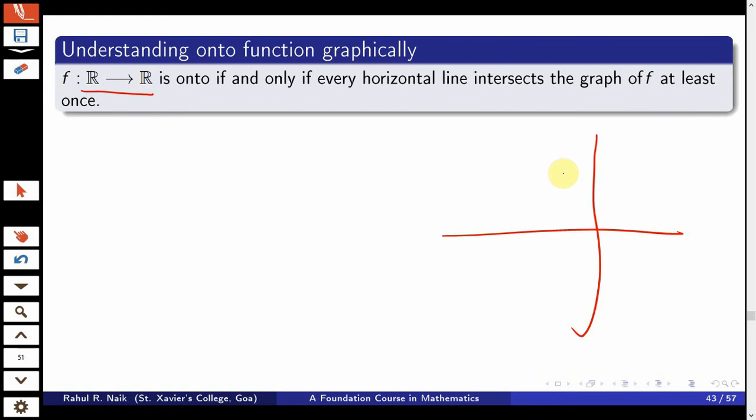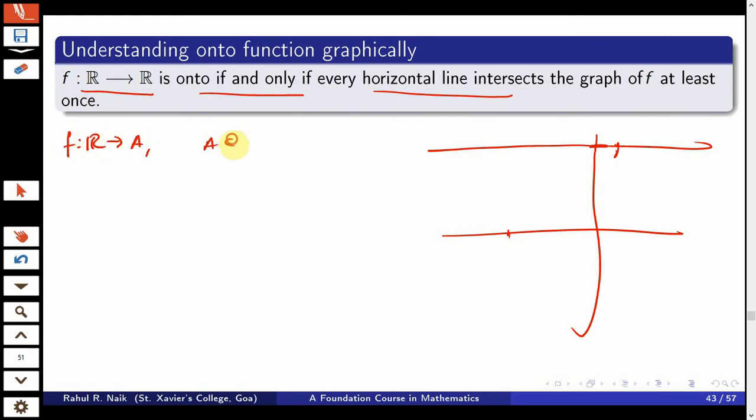If it does not, then that means for that value of y, the given graph does not have a pre-image. No value of x from the x axis will form a pre-image for that y. Therefore, the function f from R to R is onto if and only if every horizontal line intersects the graph of f at least once. Now, if f is from R to A, where A is a subset of R, in that case I will consider only that part of A on the y axis and use this result for that part of y.